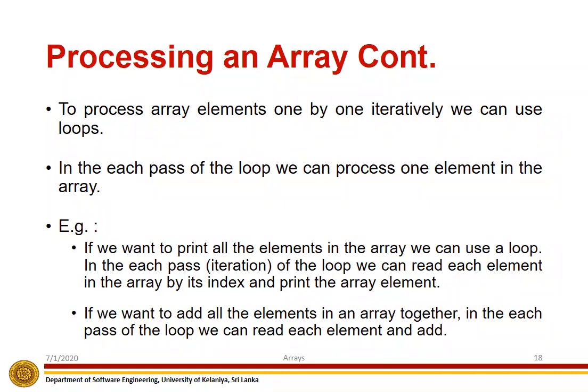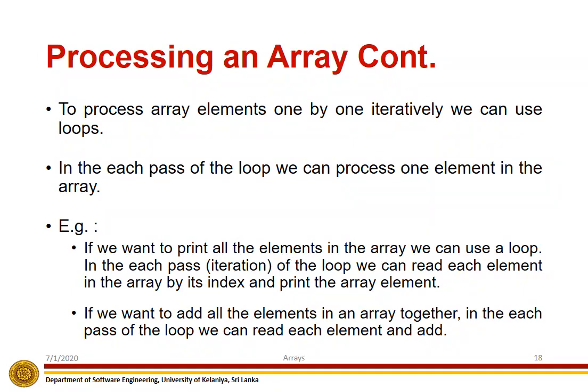To process array elements one by one iteratively, we can use loops. In each pass of the loop, we can process one element in the array. For example, if we want to print all the elements in the array, we can use a loop.